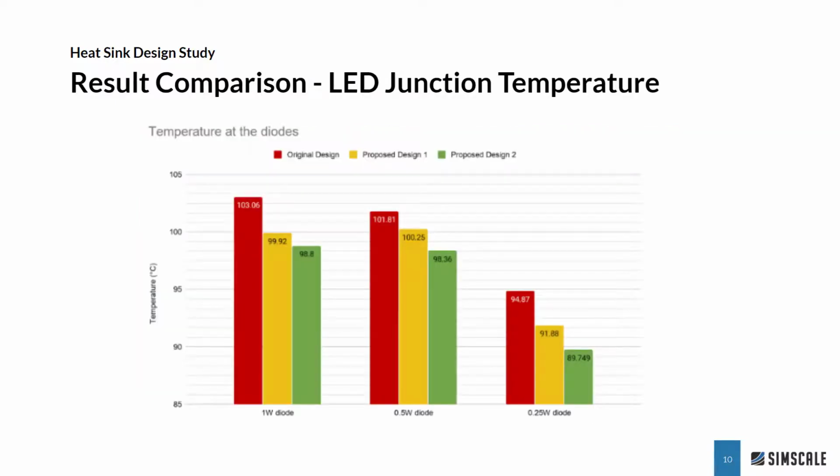And if we look at the junction temperatures themselves, or the temperatures on the diodes, then we can clearly see the benefits of the proposed design 2 in terms of the heatsink performance. So both in terms of cooling capacity, which is going to ensure good lighting performance as well as long lifetime, and also we're going to be having gains in terms of reducing material costs using proposed design 2.